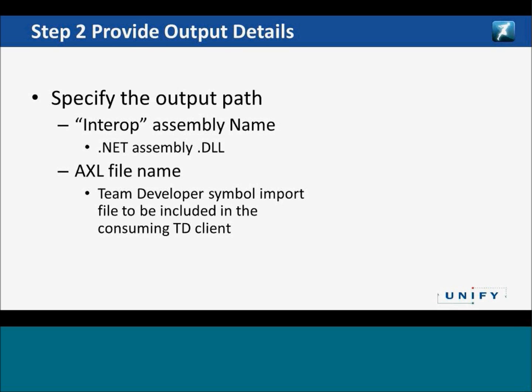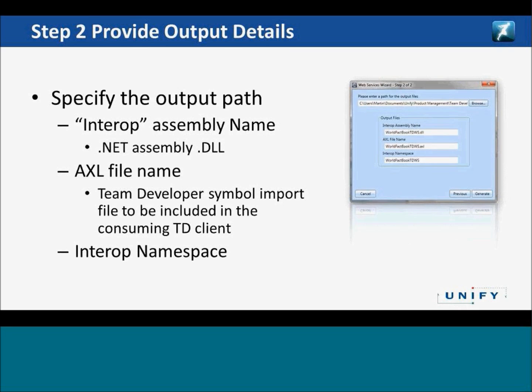And that symbol import file is basically an XML definition of all the classes that are available in the web service DLL. And having that AXL included, you can directly call web service operations as if they were local functions or local methods of classes. Specify the Interop namespace, you've seen this before, and then press the Generate button.